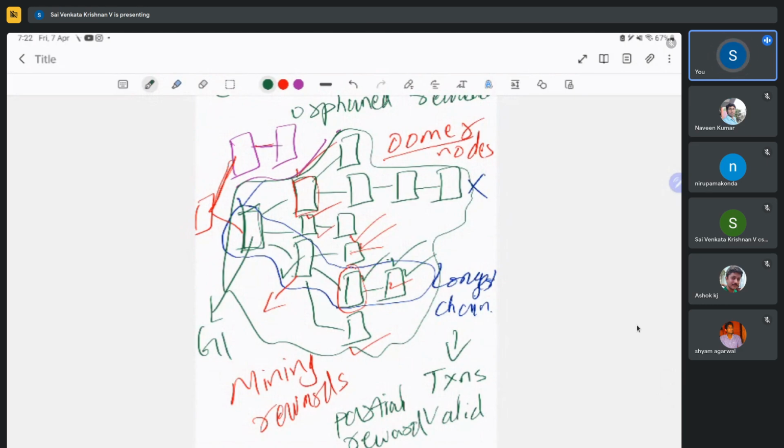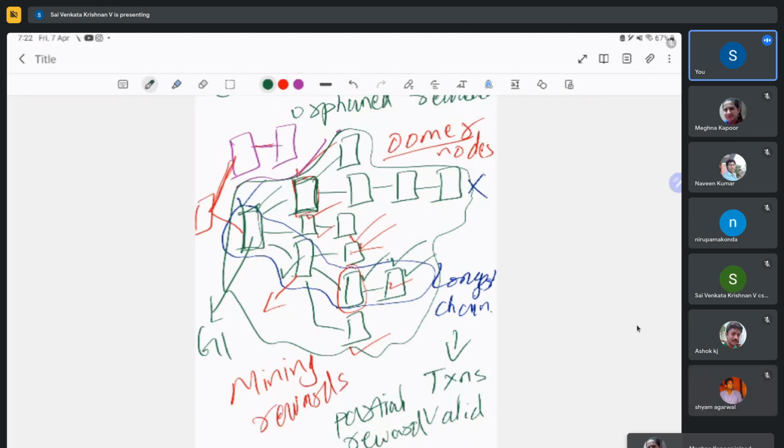So say if I'm an honest node, I'd be mining this block, like G1, and also some block over here. And finally, only one of my blocks is included in the longest chain, but the other blocks are supporting that longest chain by adding to its weighted score.